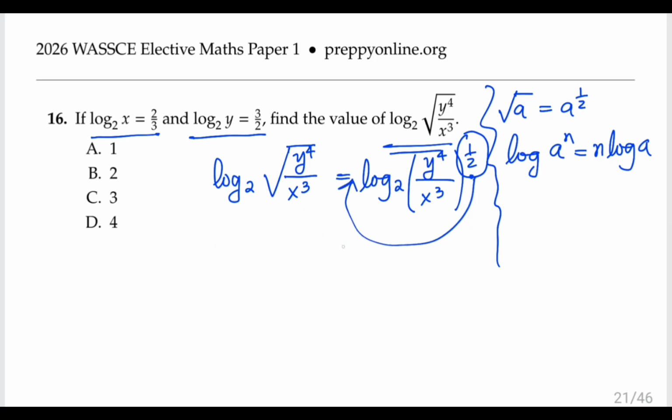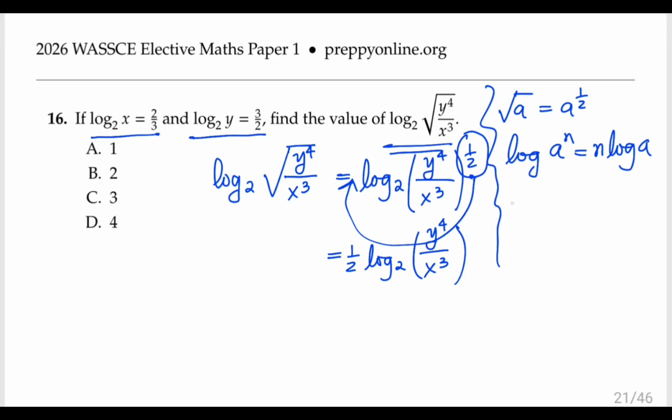So what do we have? We have that this is equal to half times log to the base 2 of y to the 4th over x cubed. All right.